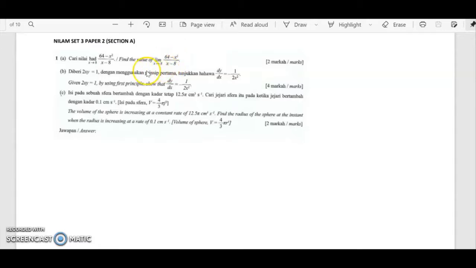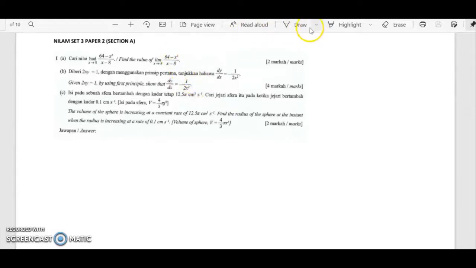x minus 8. Okay, apa yang dimaksudkan dengan limit x approach 8 here is the value x ni tak adalah exactly equal to 8, okay, tapi dia approach 8, maknanya hampir kena pada value equal to 8.